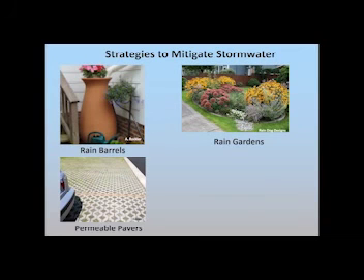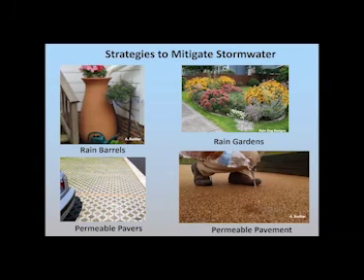There's permeable pavers, which, instead of having asphalt or concrete where that water will just sheet off, can actually absorb the water. And then there's permeable concrete or pavement. And again, that just helps reduce the amount of stormwater runoff that's going towards your yard and potentially towards your septic system.